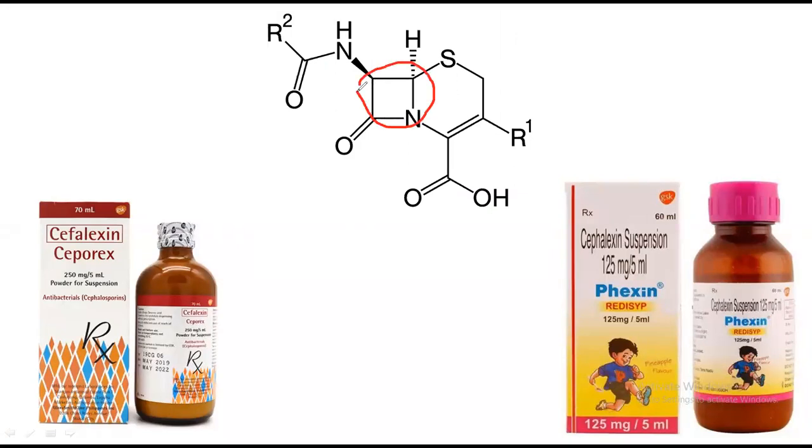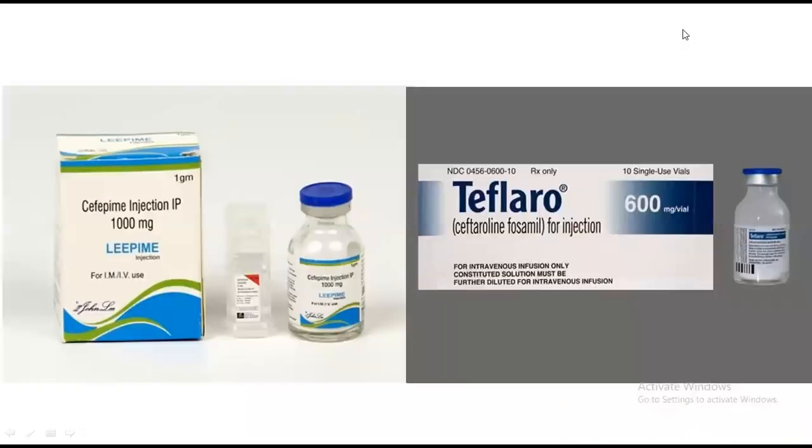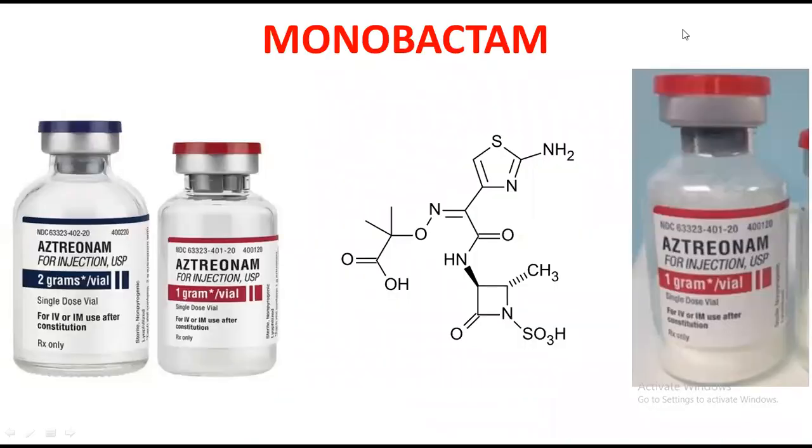Just because of the presence of the beta-lactam ring, these all perform the same activity, but the side chains are a bit different from each other. If we look here at the carbapenem, these are also included in the cephalosporin group, these injections and tablets. If you see this in the pharmacy shop, you can easily identify what the action of cephalosporin is.